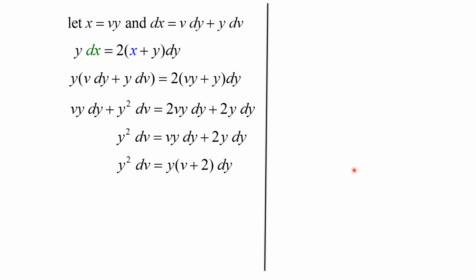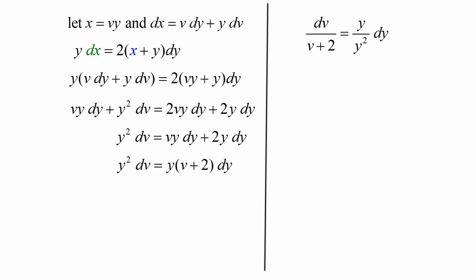So we get y squared dv equals y times (v plus 2) dy. And now we can separate our variables. We can move all of our v terms to the left-hand side with dv, and we'll move our y terms to the right-hand side with dy. And if we do that, we get dv over (v plus 2) equals y over y squared dy.